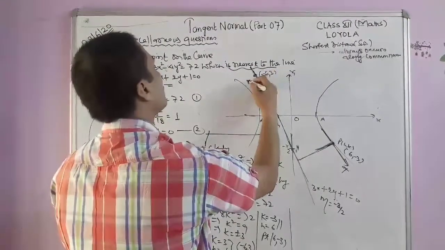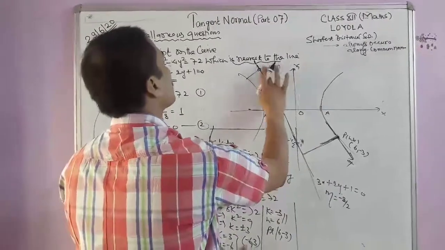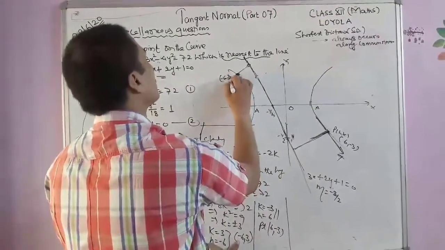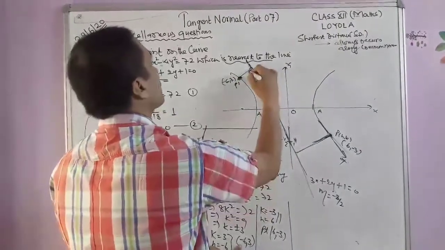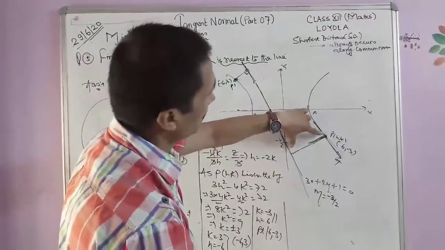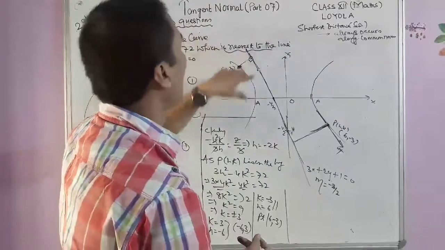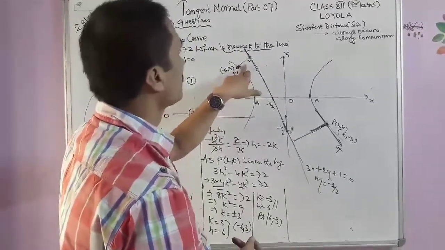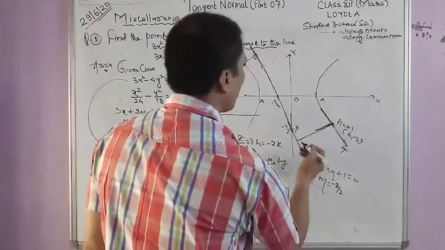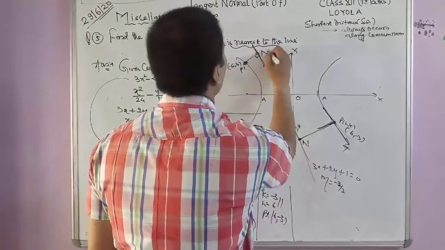Clearly, we find these perpendicular lengths, and the smaller of these two lengths will be the shortest distance, where the feet of the perpendiculars are N and N dash.